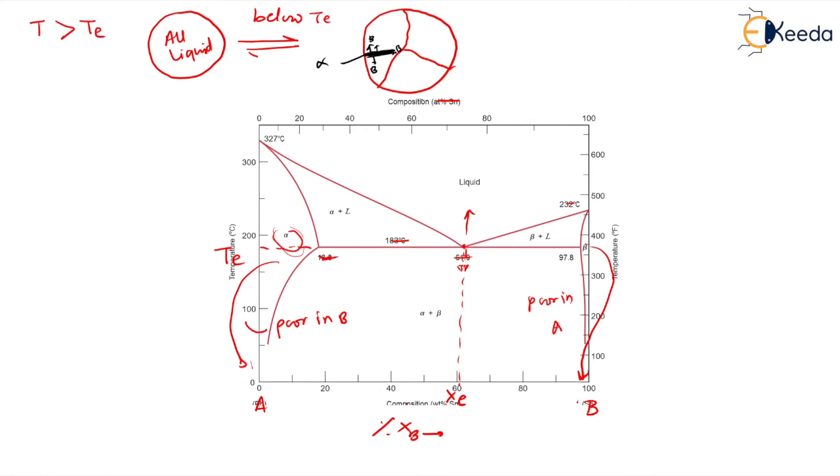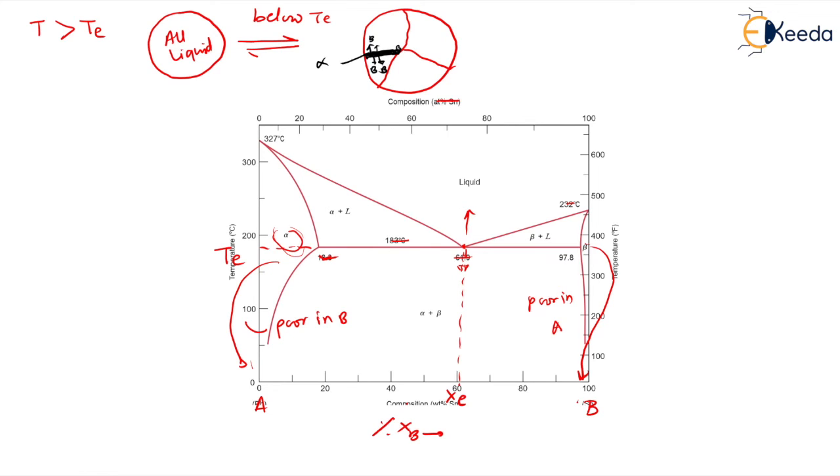So because of this, what is going to happen, dear students? The region adjacent to this alpha, which is growing bigger and bigger, the surrounding medium, is now getting rich in B, isn't it?